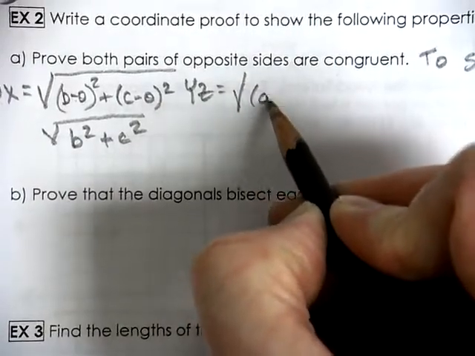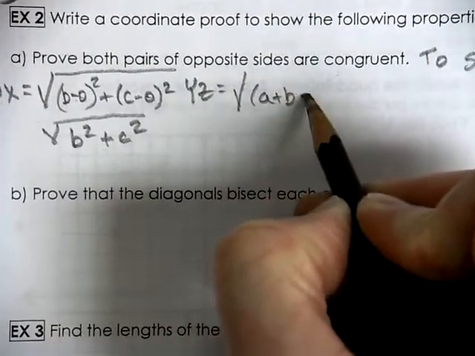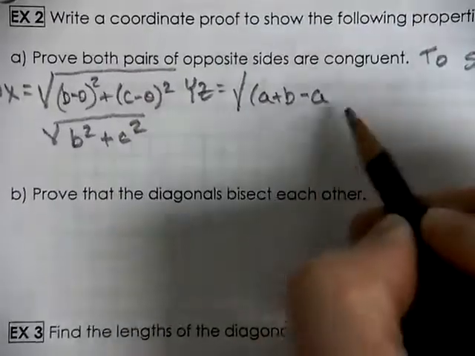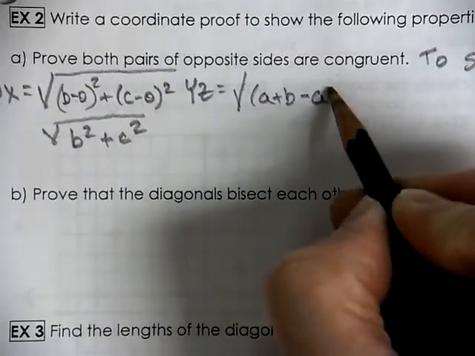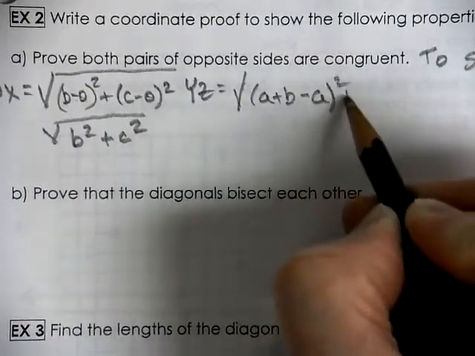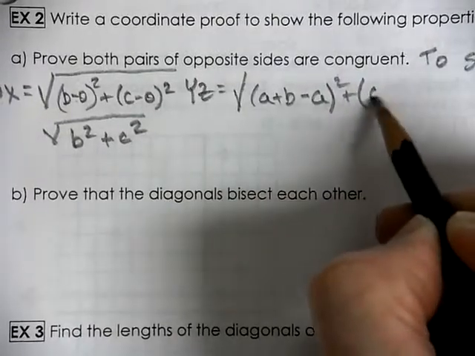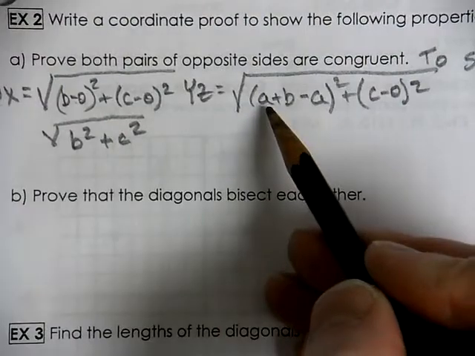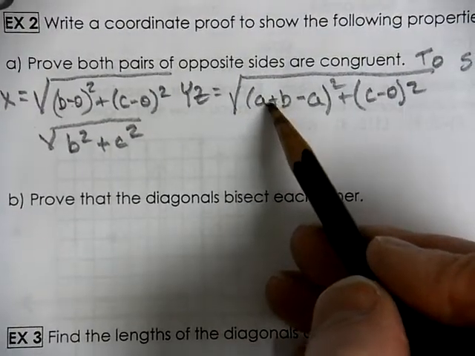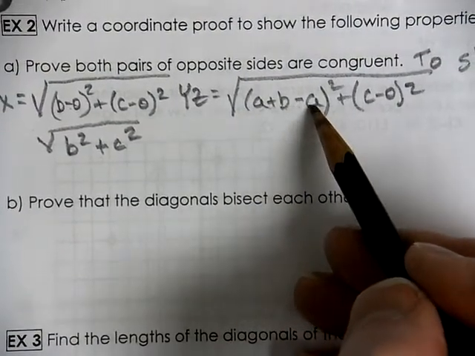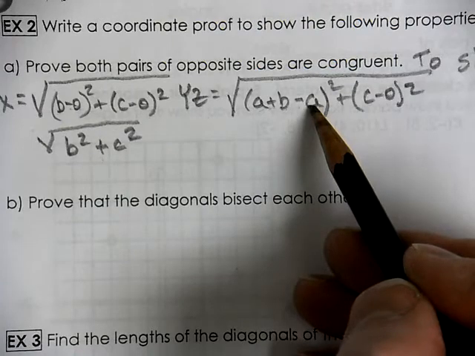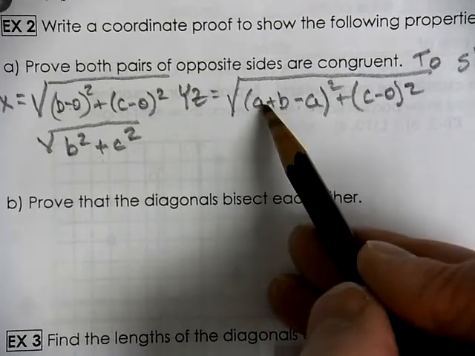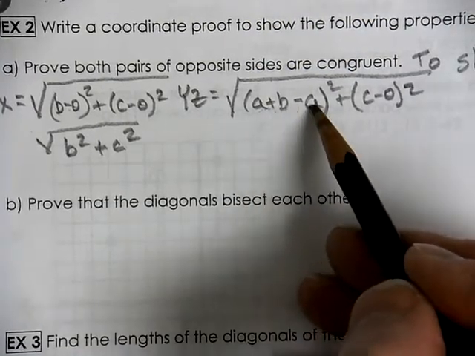So we say a plus b minus a, and we're going to square that, and then we're going to say c minus 0. So we have an apple plus a banana minus an apple. A plus b minus a.